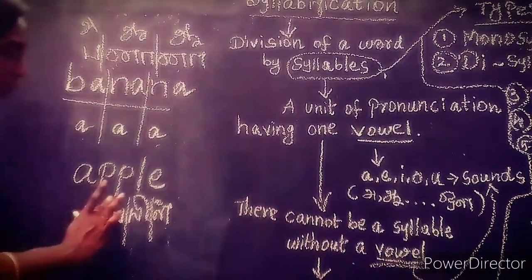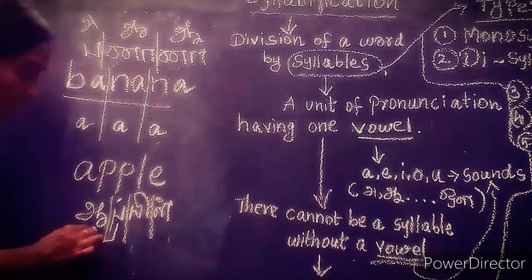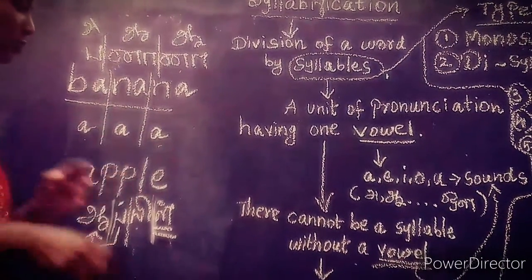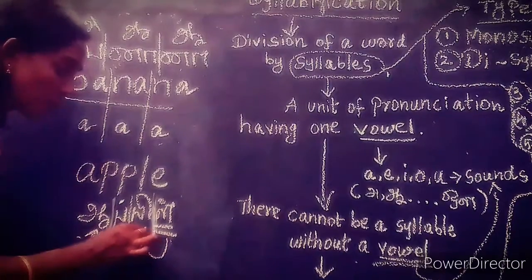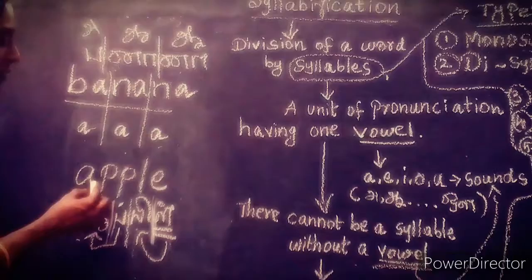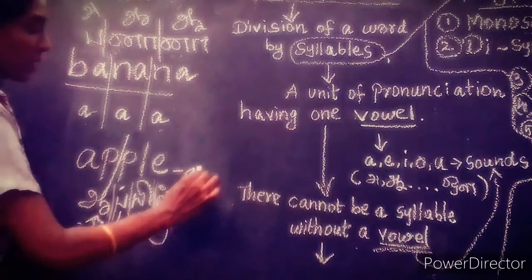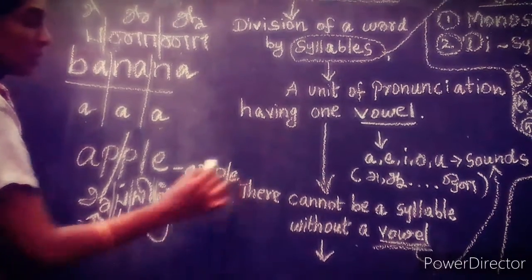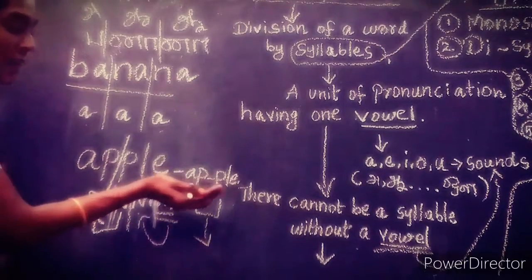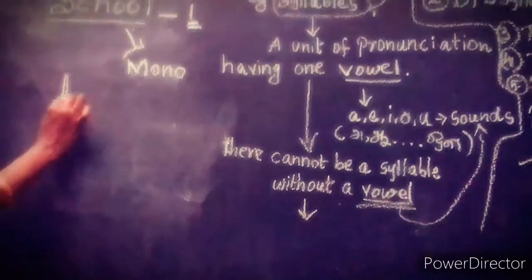So we have to link together this consonant letter with the vowel letter. App. The pl should not come alone. So it should be with a vowel sound. Okay. So you have to syllabify apple. Usually, two consonant letters should not come together.